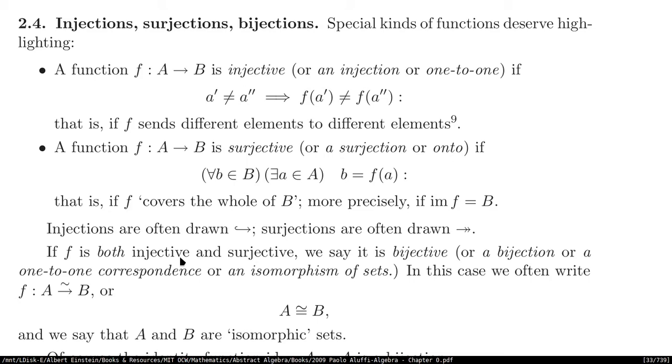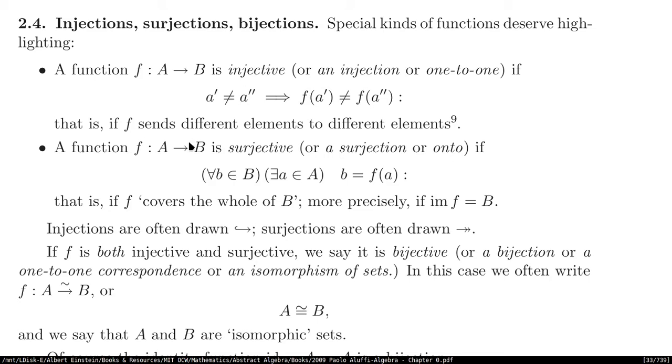Then what's surjective is that it sends at least one element to each element in the codomain, but it can send more than one element, right? So for all b in B, there exists a in A such that b is equal to F of a. So F, quote unquote, covers the whole of B. More like the image of the function is the codomain itself, right?